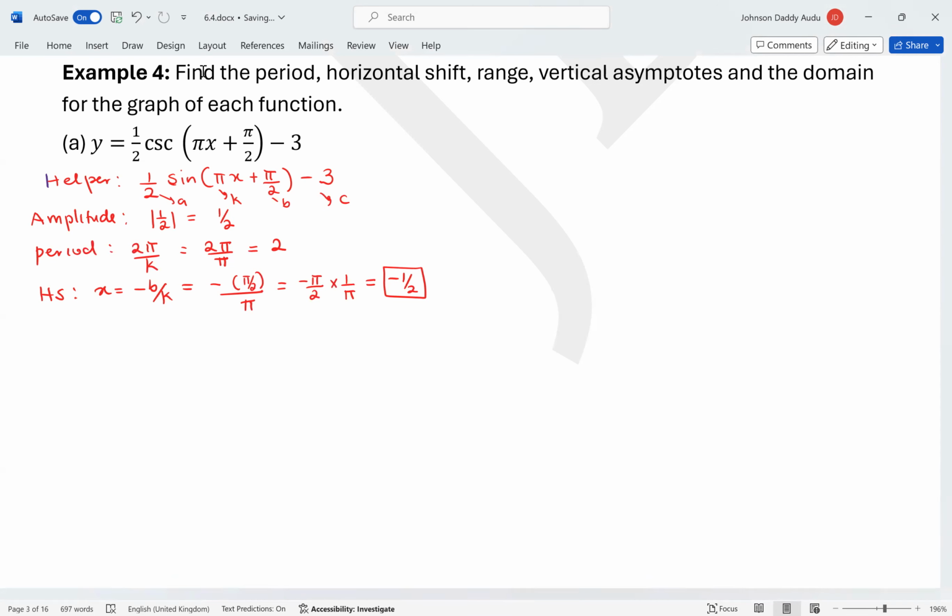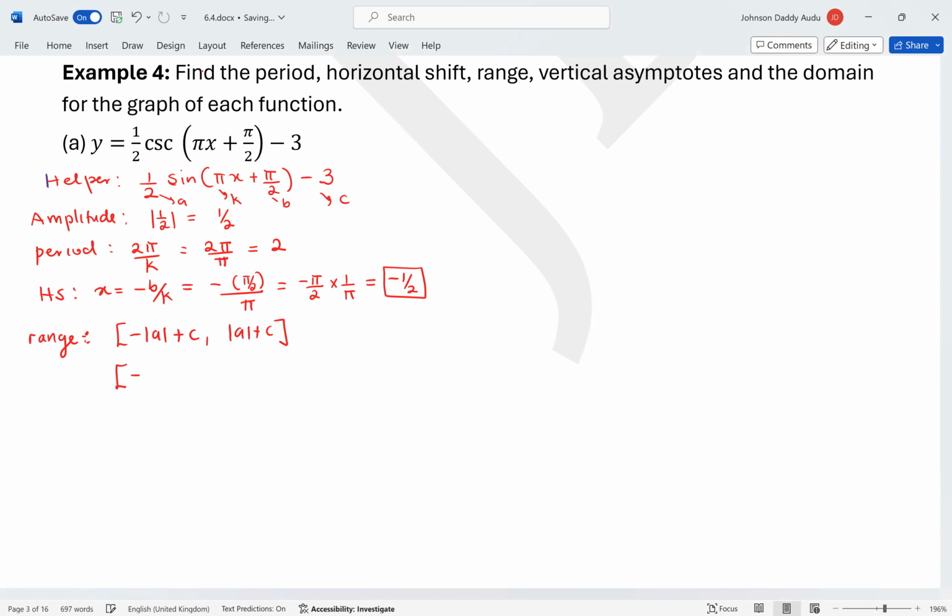Now, we also need to see the range of the graph. It's going to be the absolute value of a plus c, because we have a vertical shift of c equals minus 3.